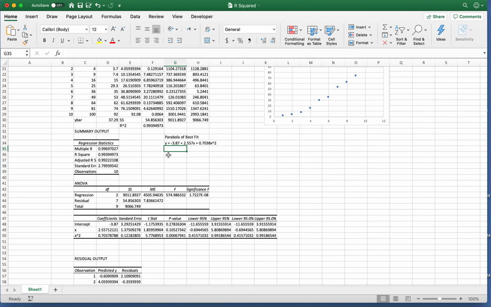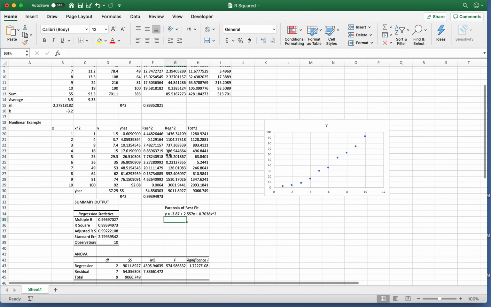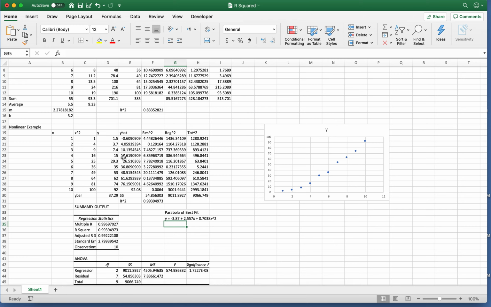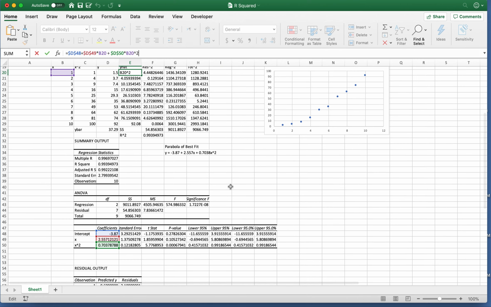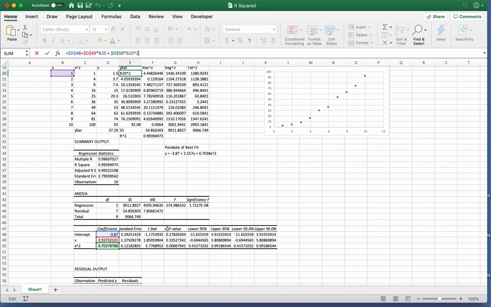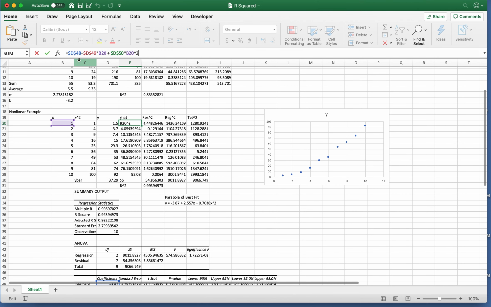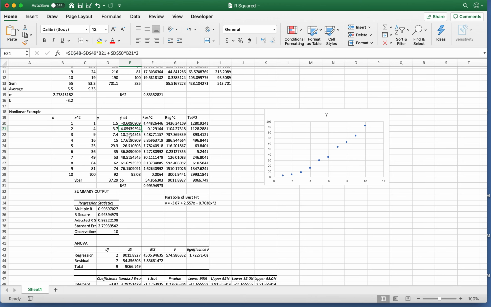The same way that the line of best fit gave us predicted values, we can use that parabola of best fit to get predicted values y hat. That's exactly what I've got here. I've taken those coefficients, D48, D49, and D50, and computed D48 plus D49 times x plus D50 times x squared, and that gives me my predicted values.